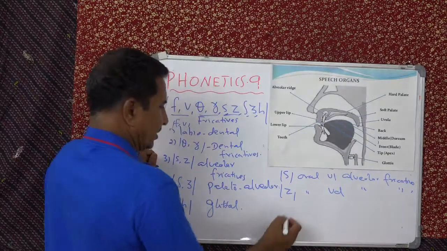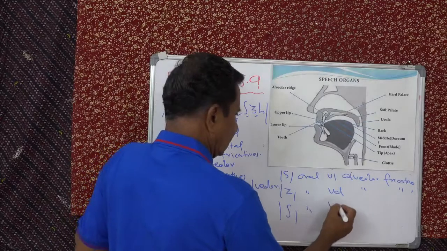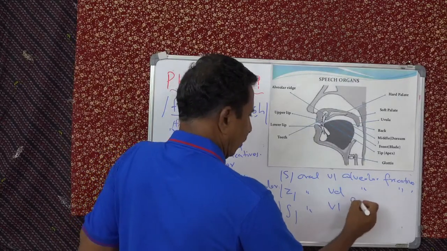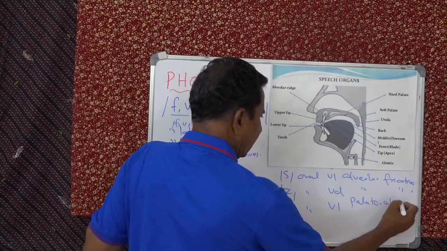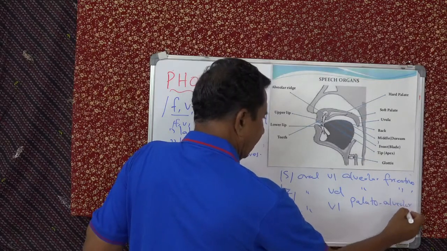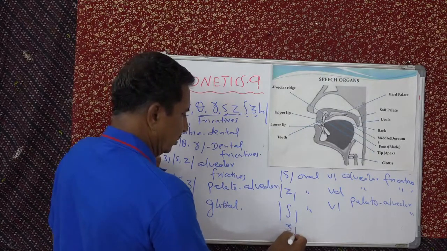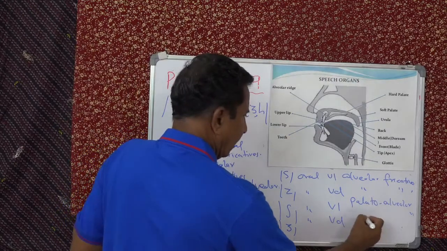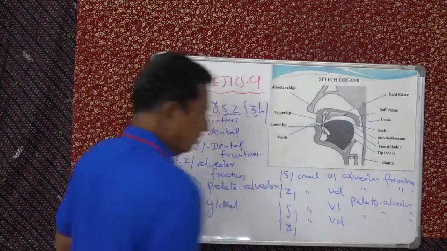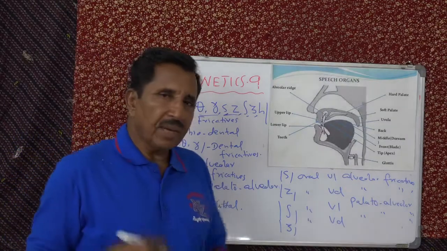Another, sh: oral, voiceless, palato-alveolar, fricative. And that is oral, voiced, palato-alveolar, fricative. So place of articulation and the manner of articulation.